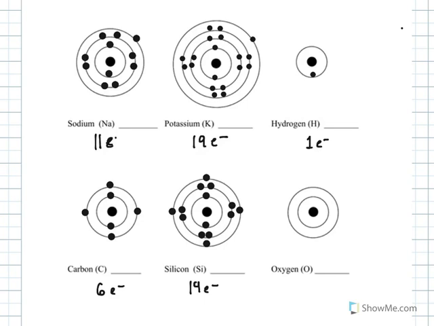For oxygen, oxygen has 8 electrons. Two electrons in the first shell and 6 electrons in the second shell.